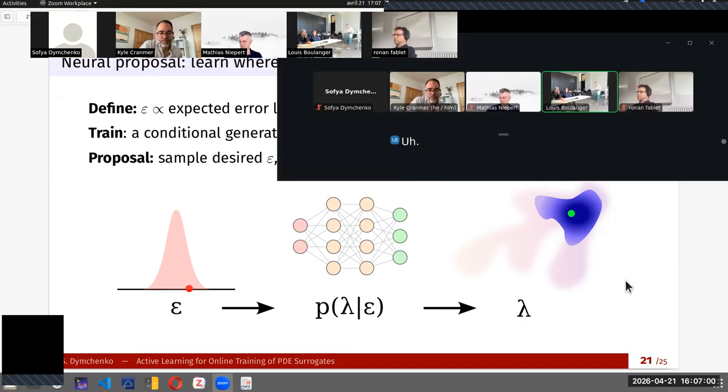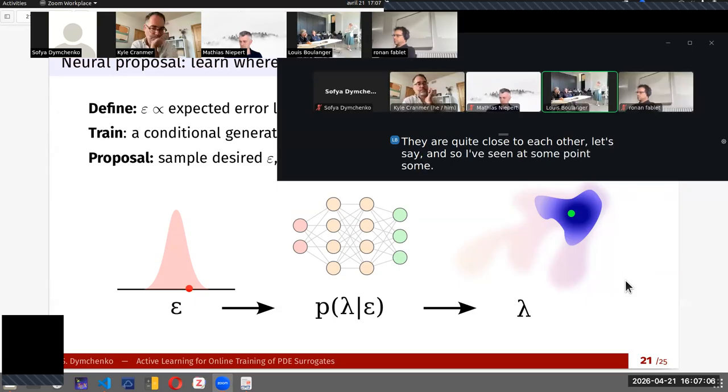They're quite close to each other, let's say. And so I've seen at some point, I was getting crazy about different methods of optimization. There's some, I forgot the word, CE methods, cross entropy methods maybe, and there was also some simulated annealing.